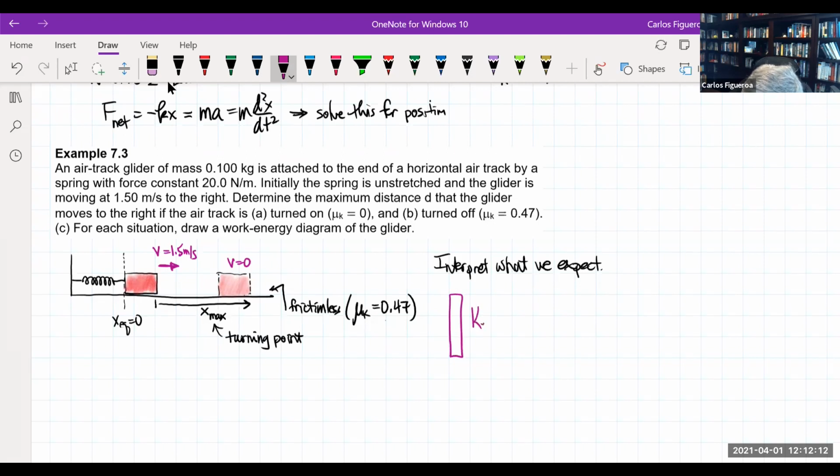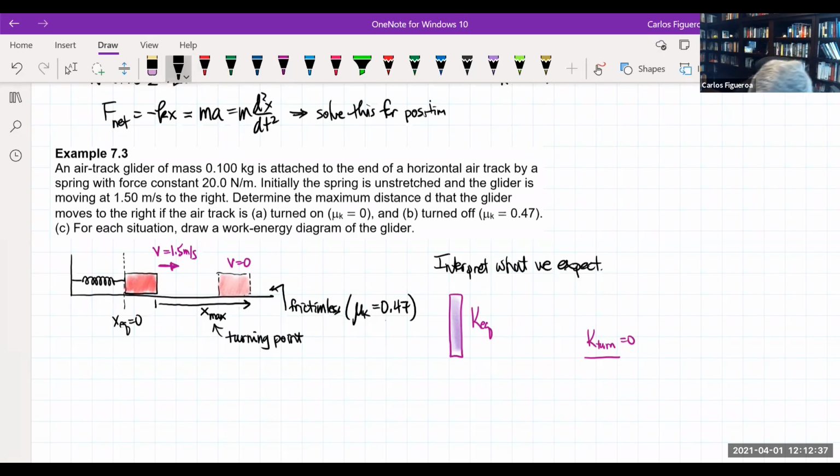So this is my initial kinetic energy from beforehand. Now, I know for a fact that sometime later, we're going to take it to its turning point. In other words, its final kinetic energy at the turning point should be 0. So I've got to bring that down to 0 according to the work energy theorem.